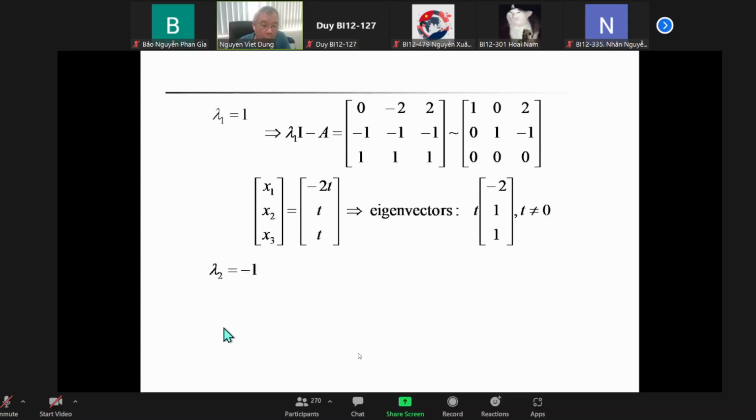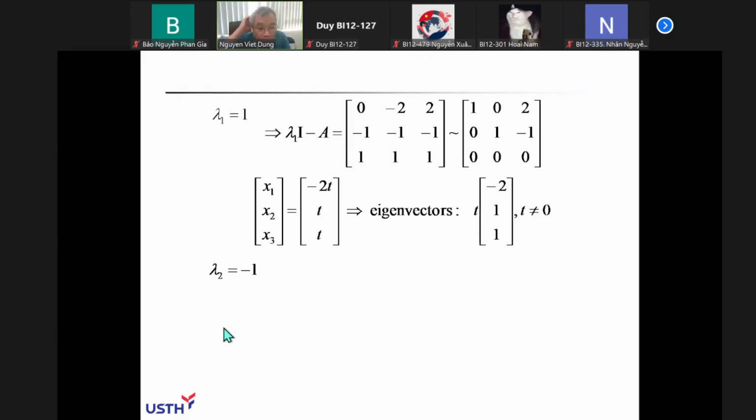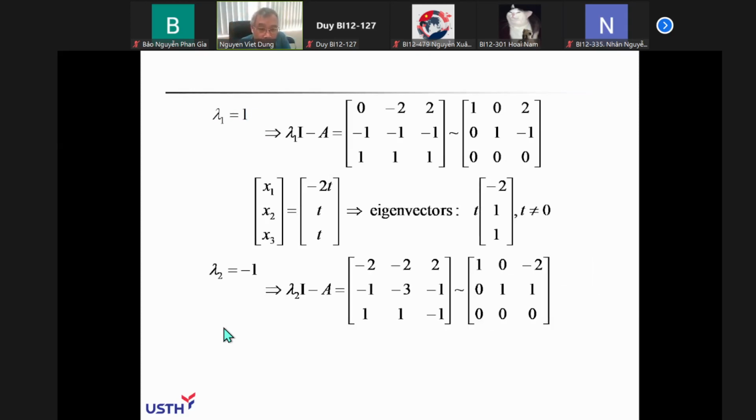Next, for lambda 2 equal minus 1. Again, we write down the homogeneous system of linear equations. The coefficient matrix lambda 2 I minus A is that one, and Gaussian elimination gives us that matrix.